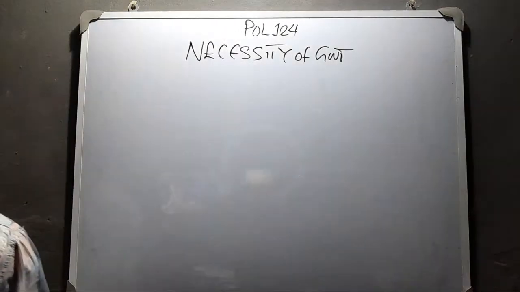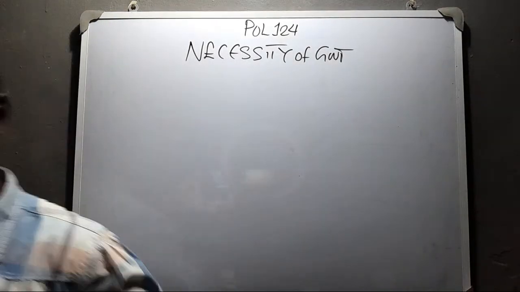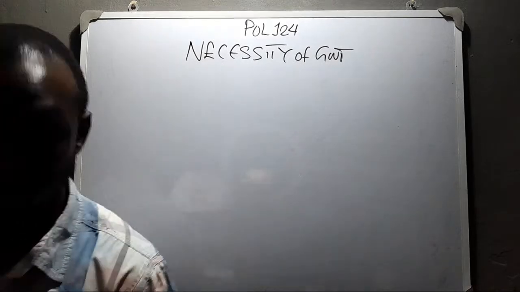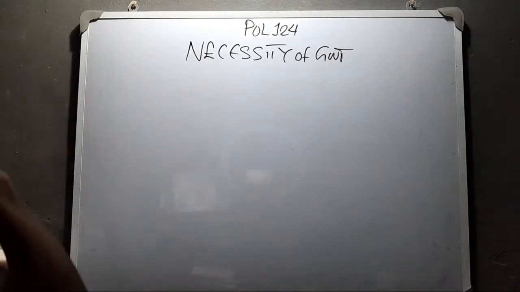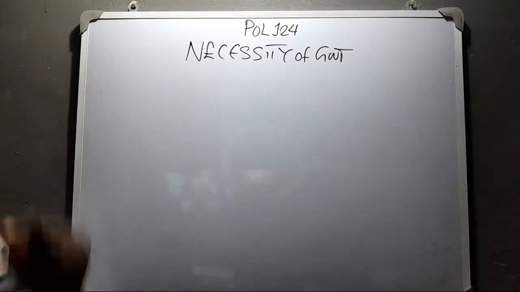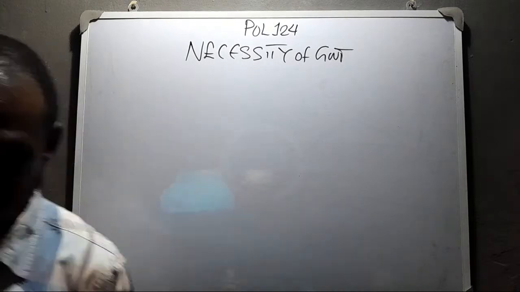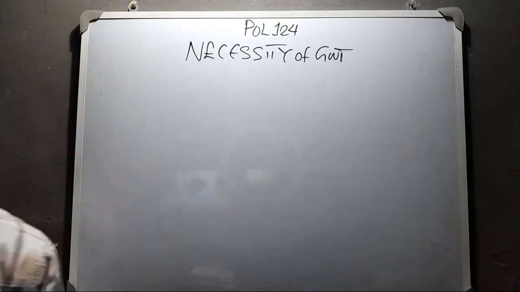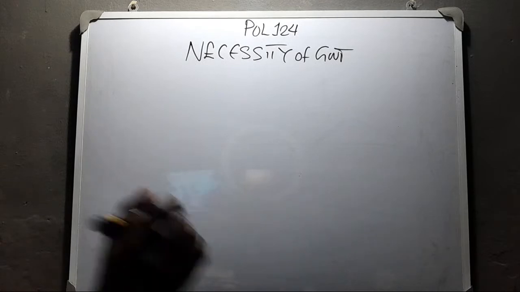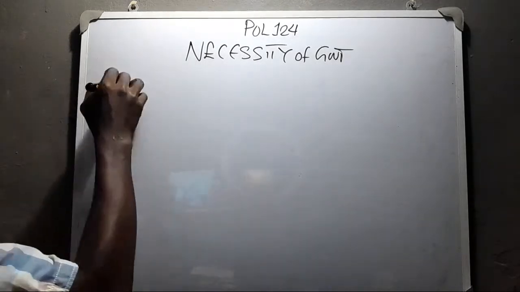All right. Now, Aristotle, let's take that of Aristotle first. Aristotle said that government exists for man in society and it exists for the sake of the best life.